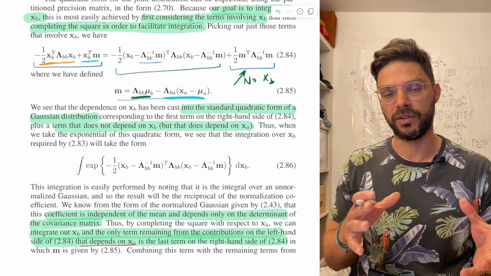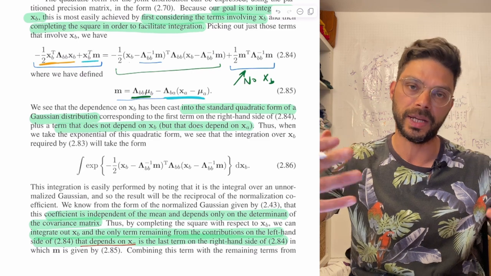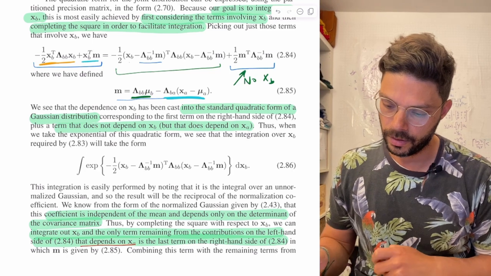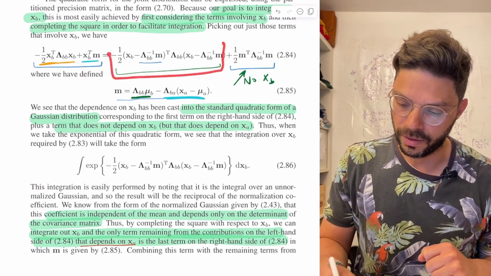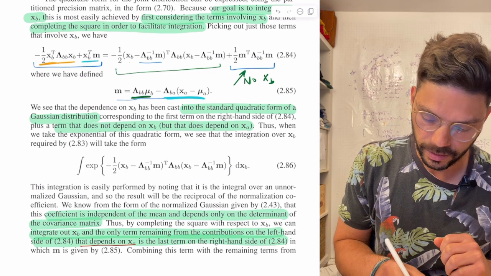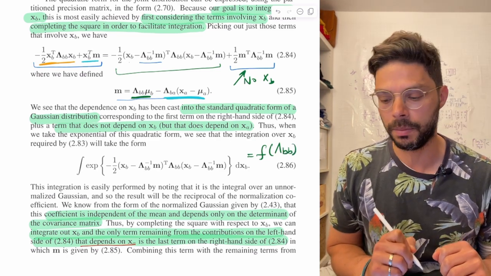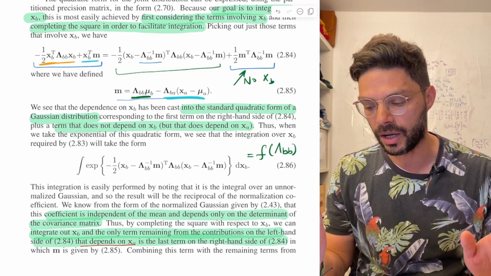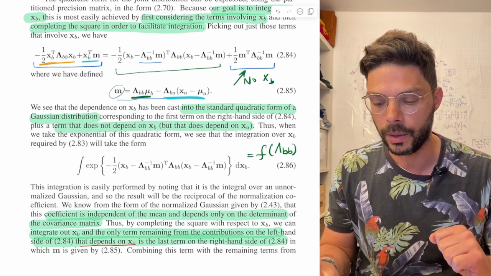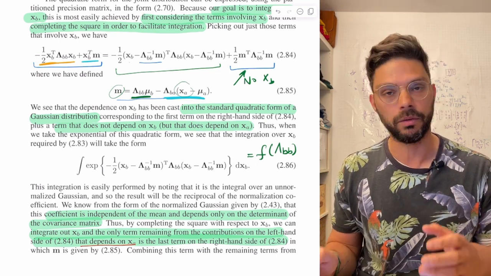Because ultimately we want to be collecting the terms in x_a, getting rid of the terms that depend on x_b, and keeping the terms that depend on x_a to then give us a clue as to what that distribution is going to be. So the idea is that we just integrate over this part, and the result of this is going to be some function of just lambda_bb, and that's really important because if it was a function of the mean as well, it would have x_a in it, and if we want to figure out what the form of x_a is, then we need to worry about that.